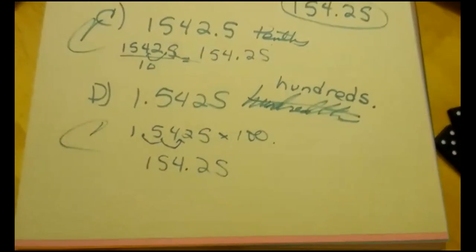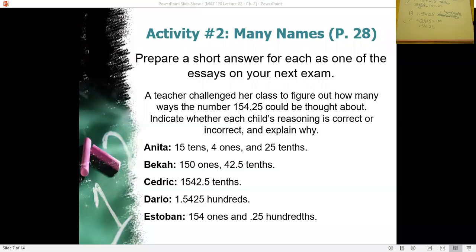And then our last one. We have 154 ones and 0.25 hundredths.